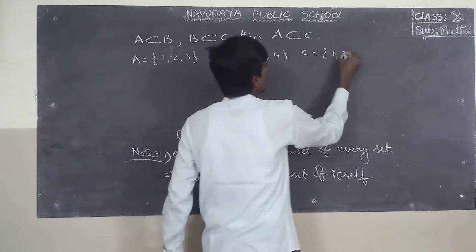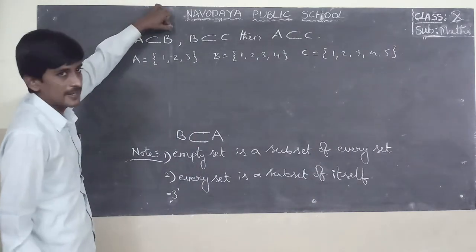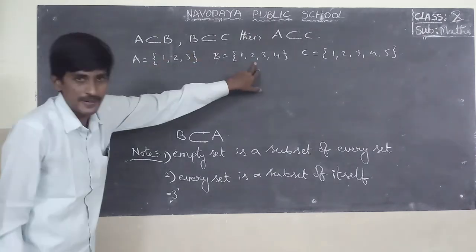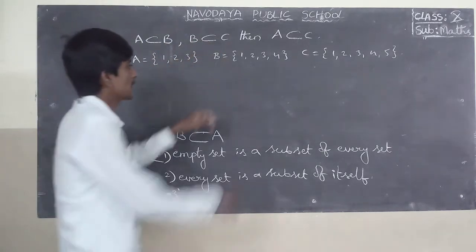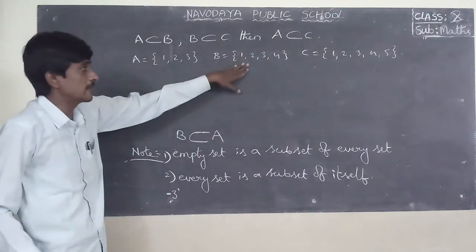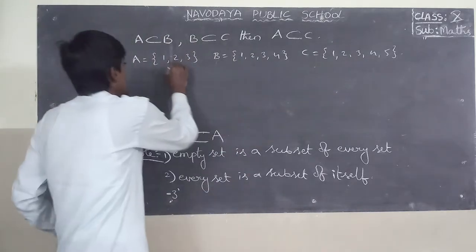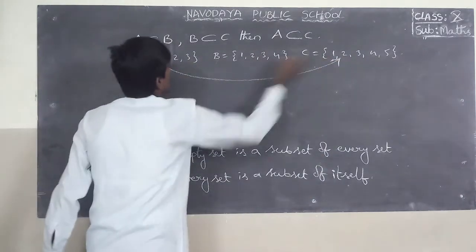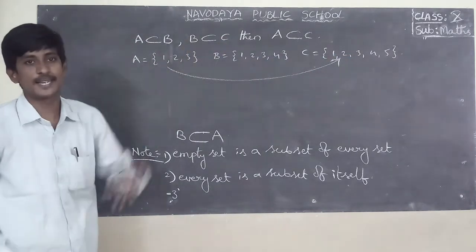C equals 1, 2, 3, 4, 5. A is subset B, is it right? Yes, because every element of A is an element of B. B is subset C, since every element in B is an element of C. Then immediately A is also a subset of C, since 1, 2, 3 are in C.